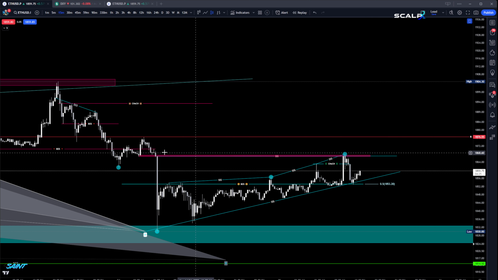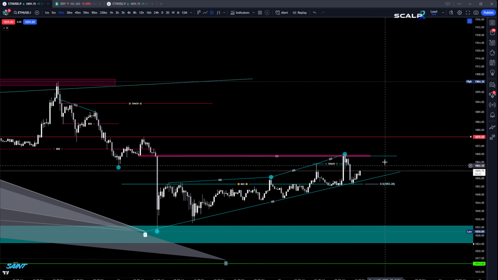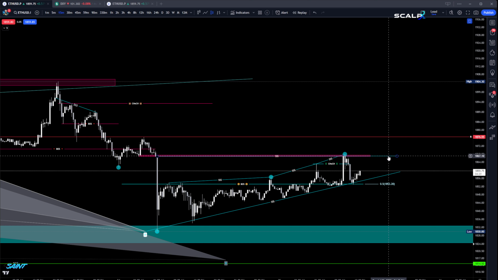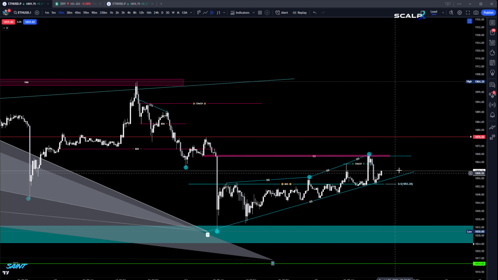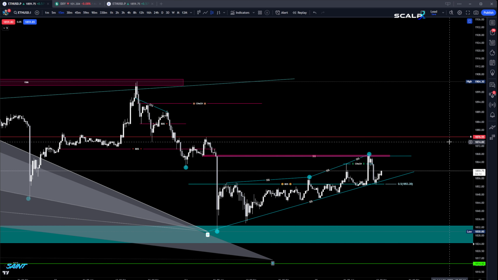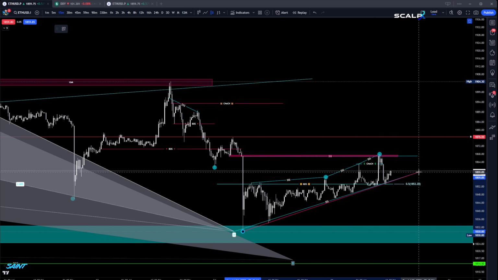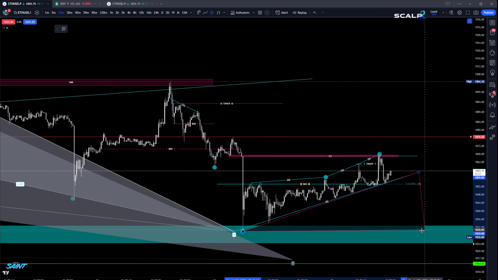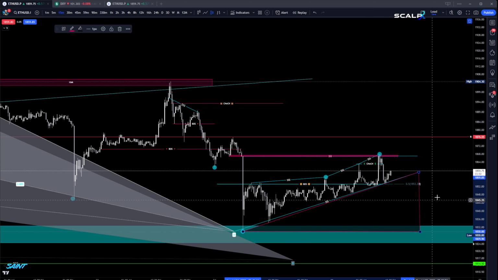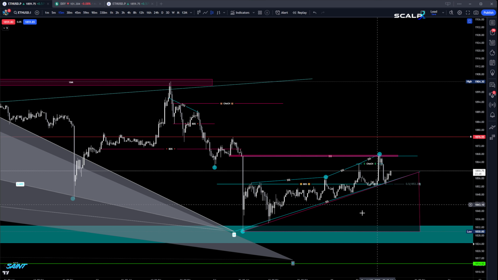Yeah, I think we come back and test this again. This is just creating a huge imbalance, though, right over here. That's all this is going to create. Let's just say it's bare minimum. This all has to get filled.